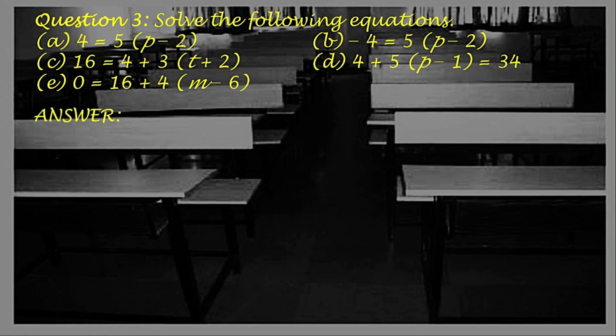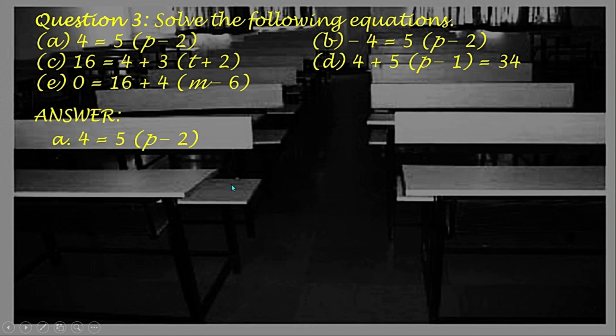See, what is the first question? A: 4 equals to 5p minus 2. In the previous question, the variable type of term is at the left hand side and the individual constant term is on the right hand side. Okay, either you can say the variable terms are on the left hand side and the constant terms are on the right hand side.